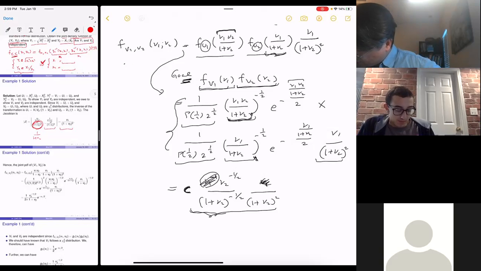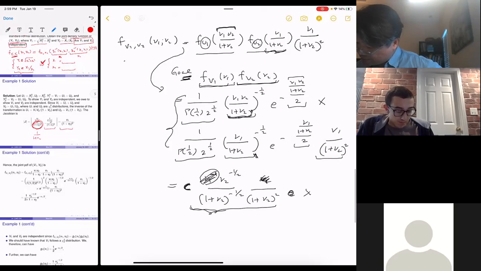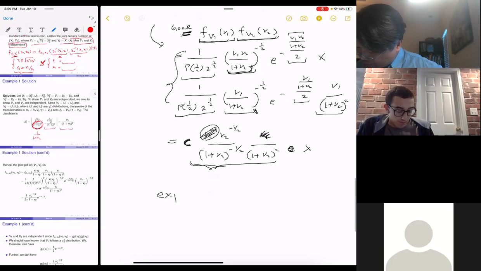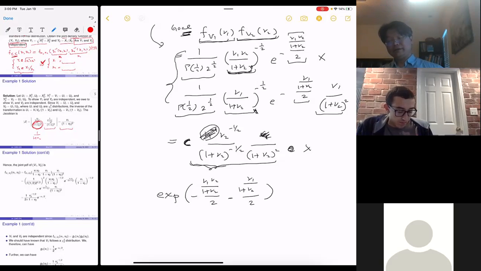And how about the exponential then? Right? Exponential means you add this guy together, right? Okay. So let me write something much easier to write in the exponential. It's exponential right here. Okay. So that means what I'm actually doing is what? V1, V2, 1 minus V2, and then minus half V1 divided by 1 plus V2. Okay, good.